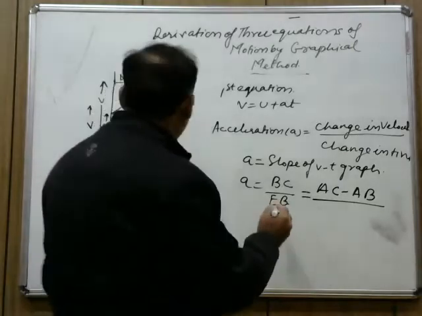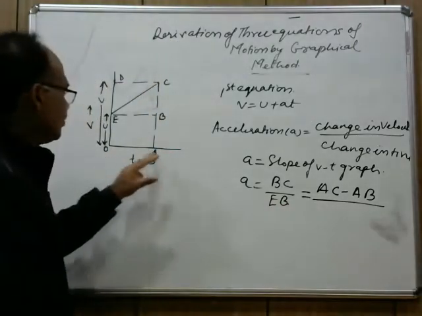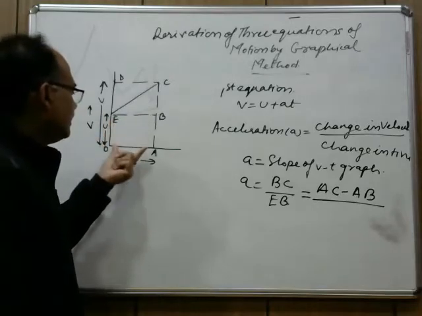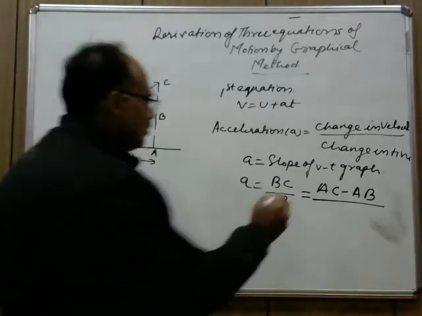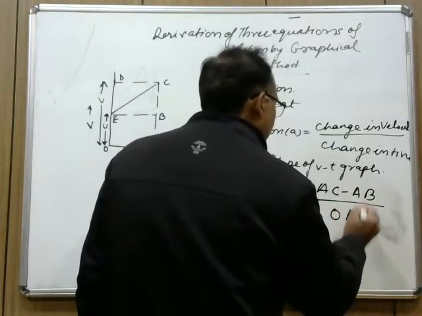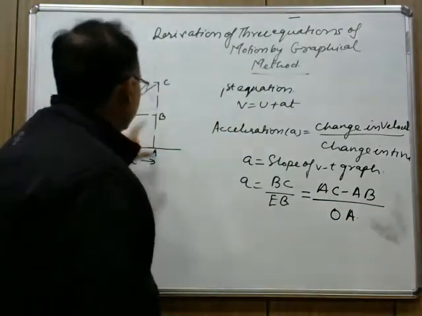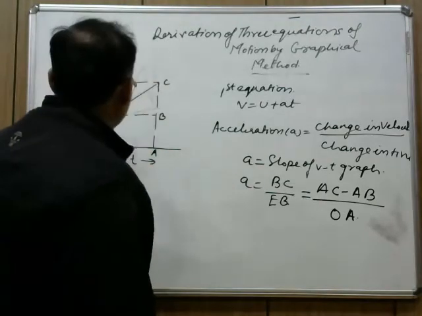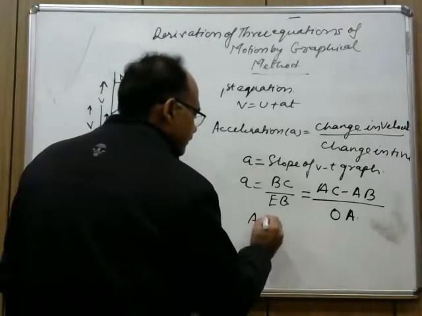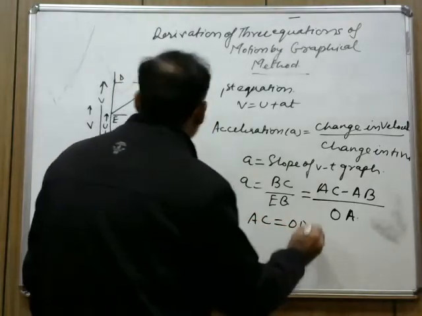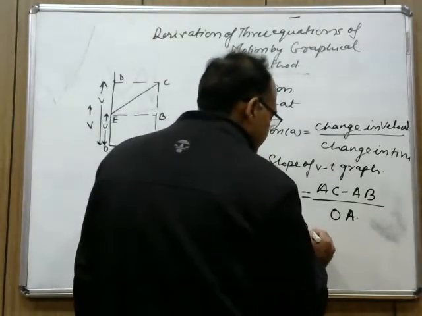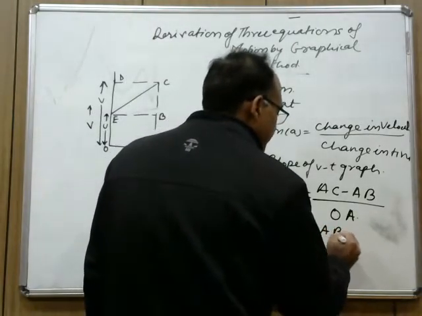Similarly, EB can be written as OA, because this is one of the sides of the rectangle. In the figure we can say that AC is equal to OD and AB is equal to OE.